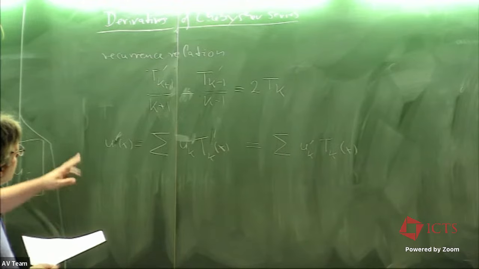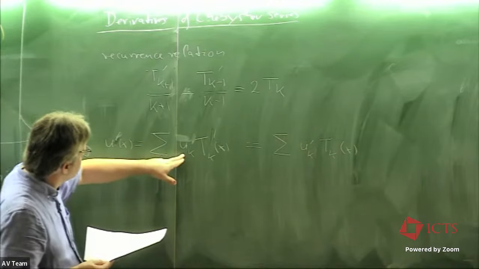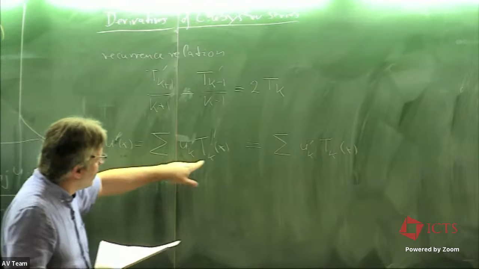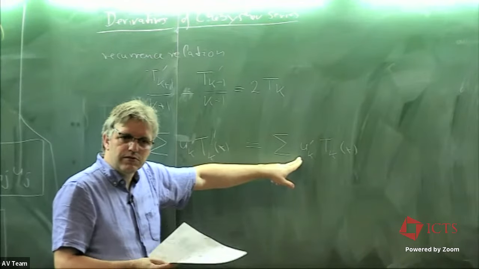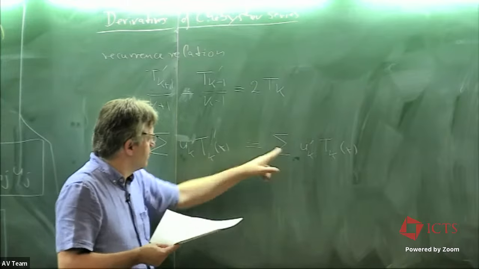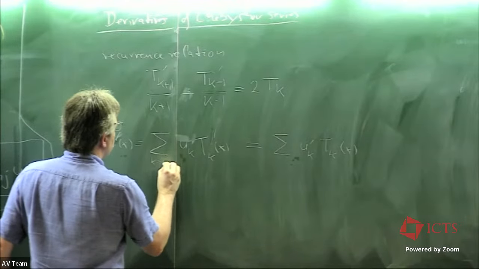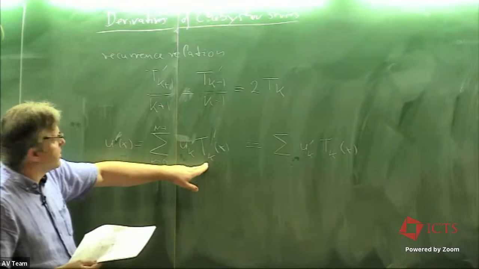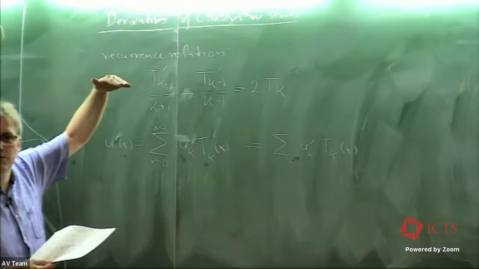And what we want to do is find the relation between the u_k, the coefficients of the original data we came from, and the u_k prime, which would be the coefficients of the series for the derivative. Such a relation must exist because if I'm summing up to k equals n minus 1, then the Chebyshev polynomials are all polynomials, so we only have polynomials up to order x to the n minus 1.